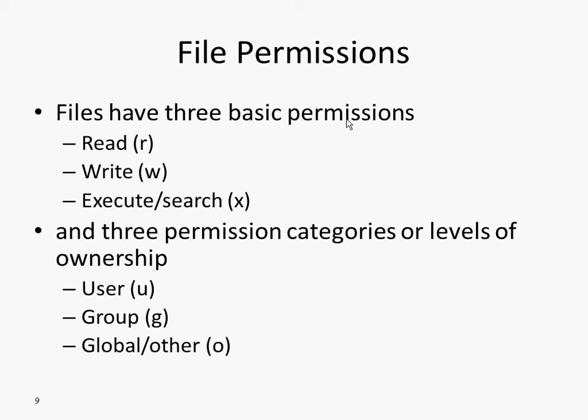U plus R. So I'm setting for the user, in other words the owner, they're allowed to read it. How do I set them to be able to write it? U plus W. How do I say they can't write it? Minus, yeah, minus something here. Okay, good. And then the name of the file. Right?